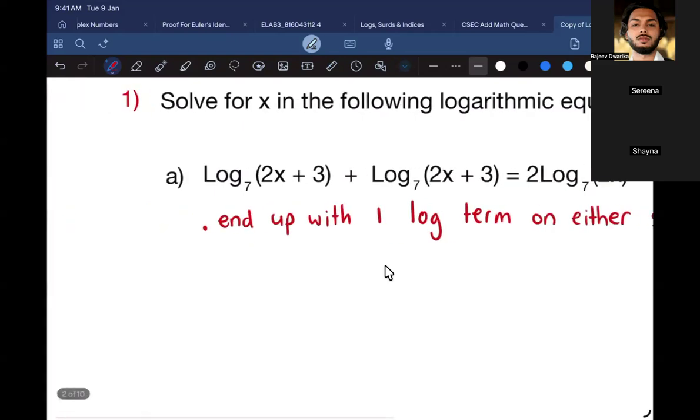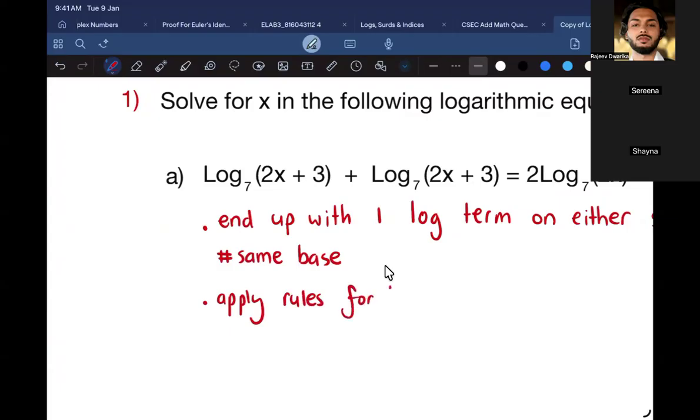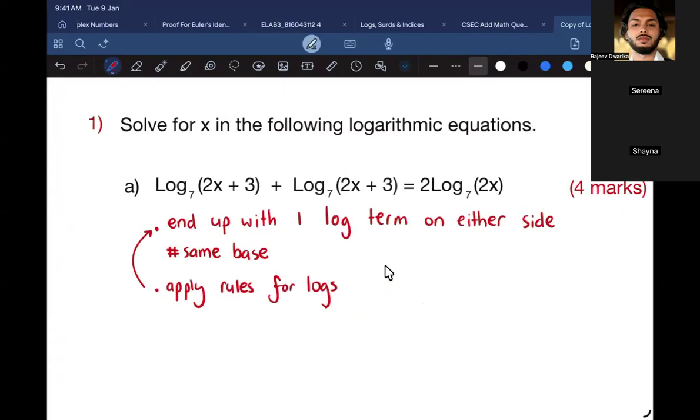To do that, you need to apply the rules for logs. If you don't have one log term on either side, that's as simplified as possible, you can't do anything at all.